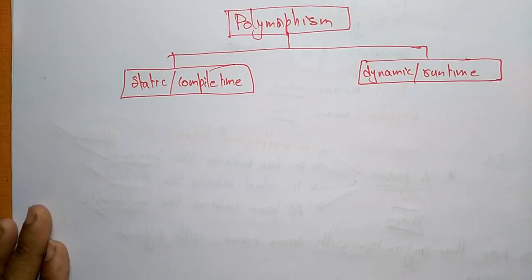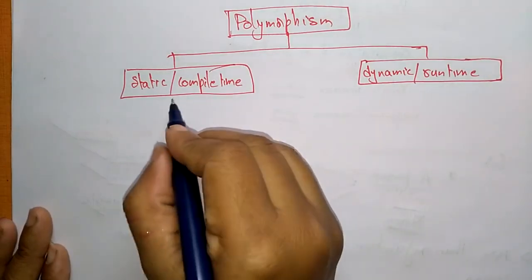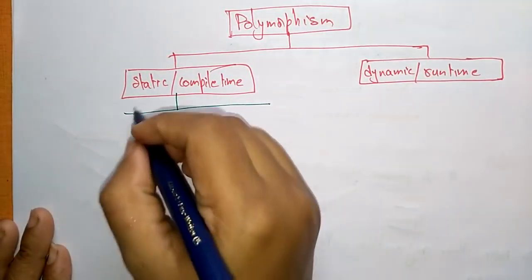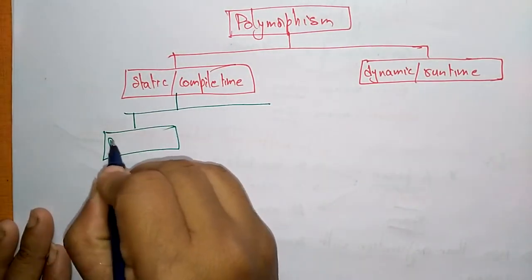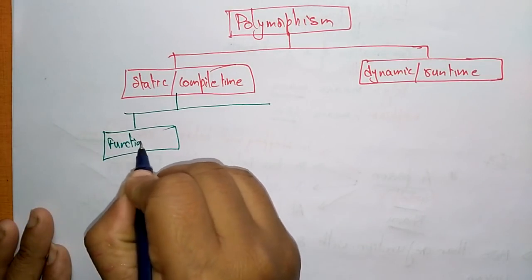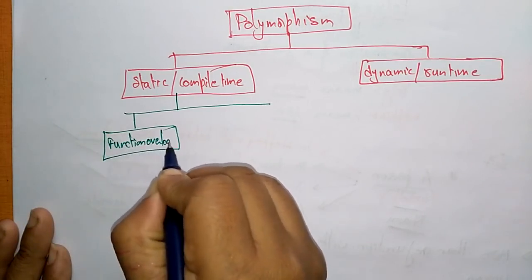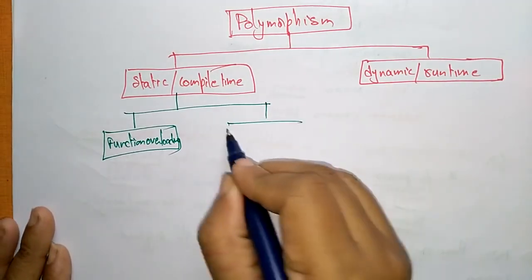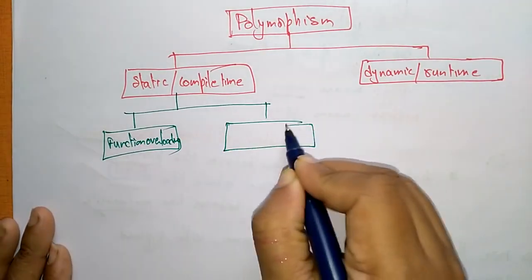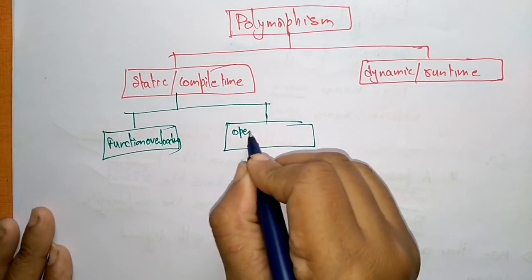The examples for static or compile time polymorphism are function overloading and operator overloading.